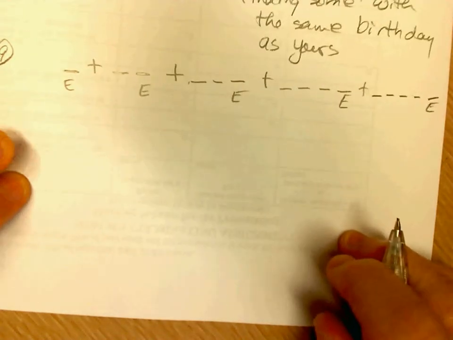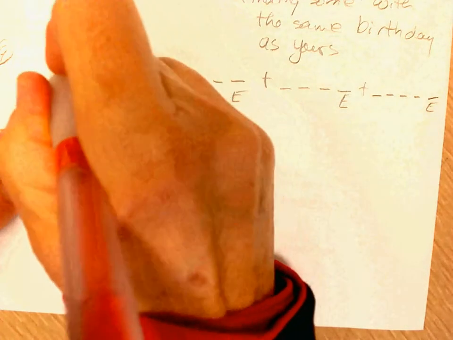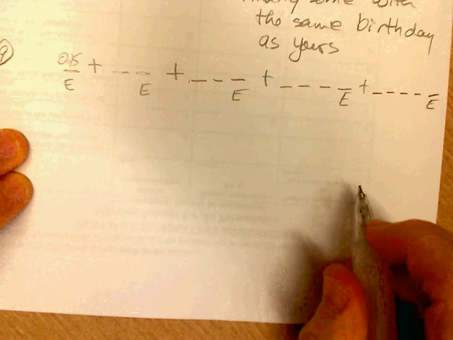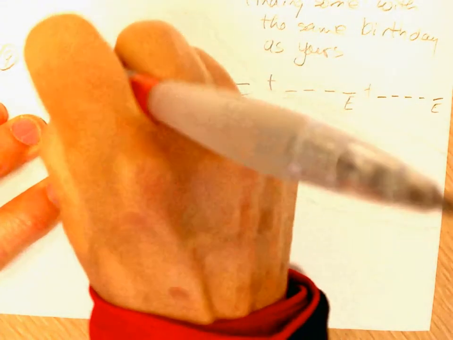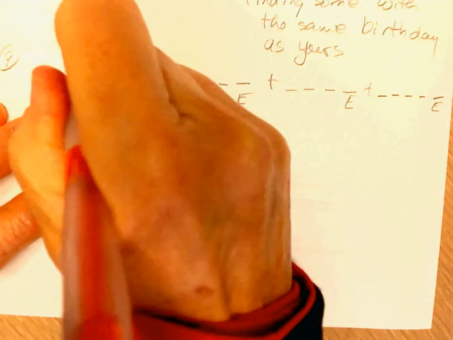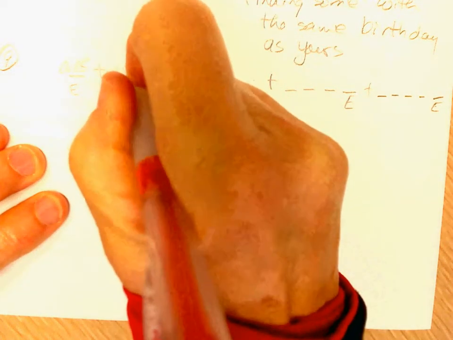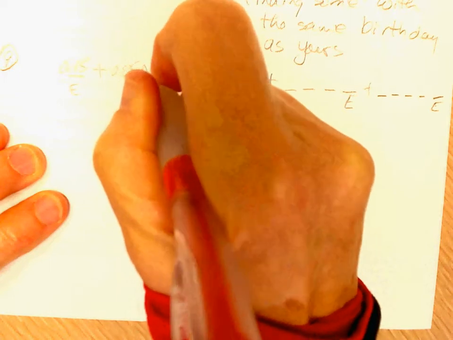So, if he's the first one, it would be 0.15. If he's the second customer, it would be the probability of failure, 0.85, then 0.15.